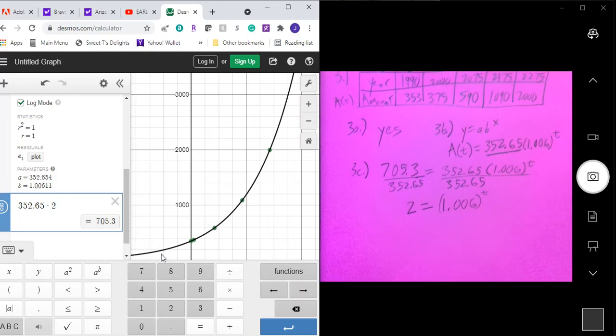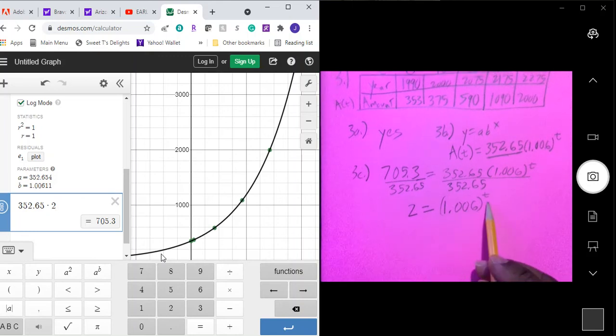Now, this is where some of our log rules will come into play. We can use natural log or we can use regular log. It really doesn't matter which one you choose to use, but you do need to use one of them. So I'm going to do log.